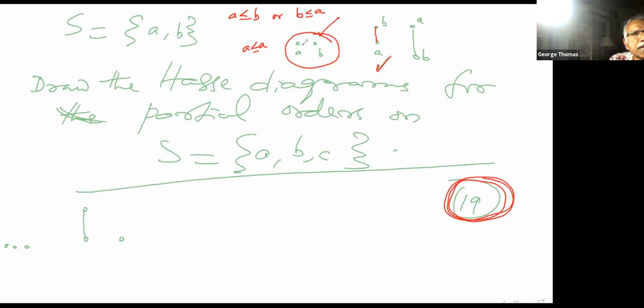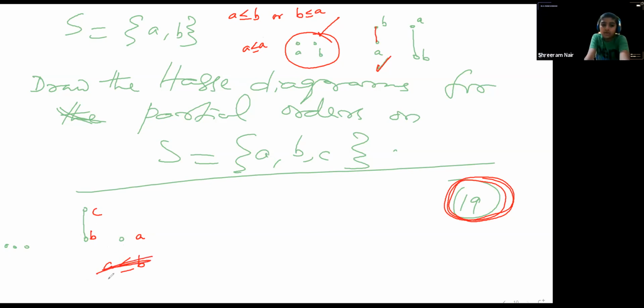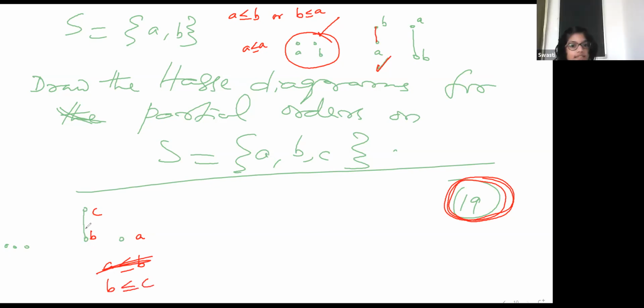If they were connected, they would be connected by a line going up. I'll give you a small hint. Here, suppose this is A, this is B, this is C. Is A less than or equal to B here? Is B less than or equal to C here? Yes. We connect only those.